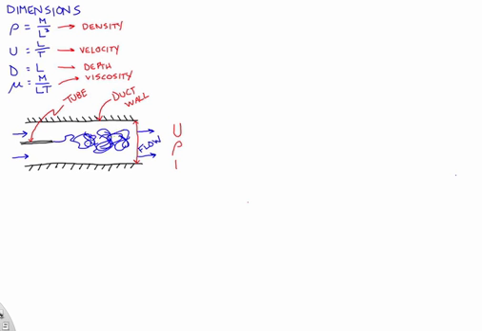And what Reynolds realized is that this must somehow be controlled by the properties of the fluid. Like I said, the velocity, the density, and the depth, but then also the viscosity.